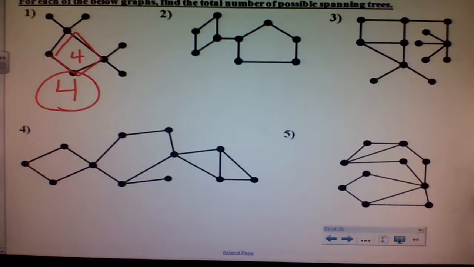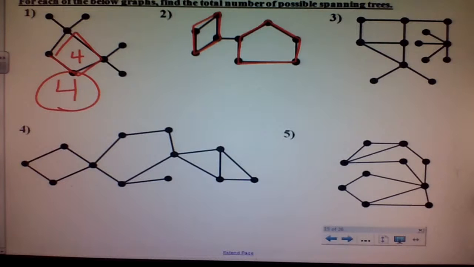Okay. Number 2. How many circuits do I have? 2. Do they share a line? No. Look at your circuits. Here's circuit 1. Here's circuit 2.